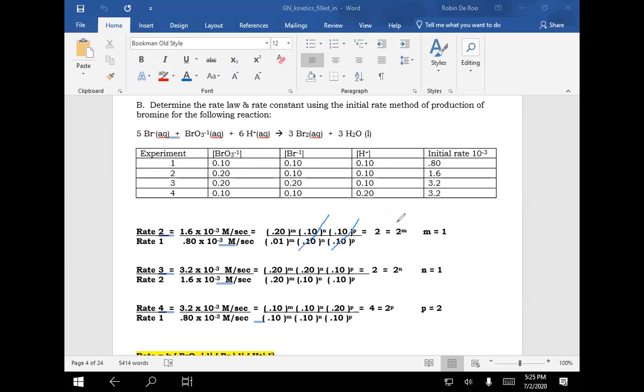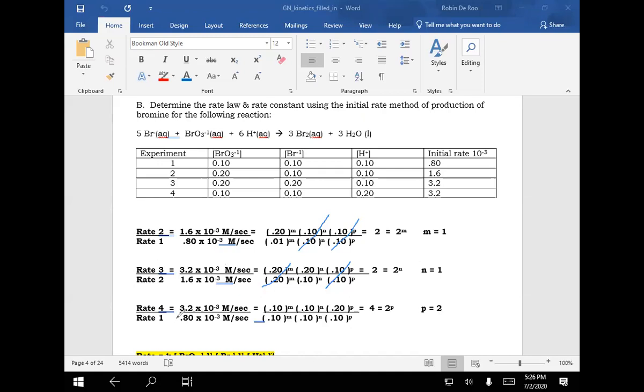I get 2 equals 2 to the power of m. My m equals 1. For the next one, I chose rate 3 over rate 2. And that's because this is going to cancel. This is going to cancel. I get 2 equals 2 to the n. My n equals 1. Again, this is just a coincidence, but quite often you get first order.